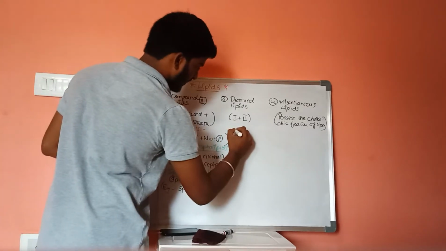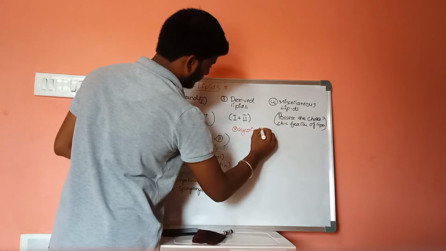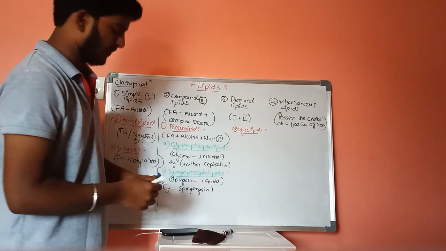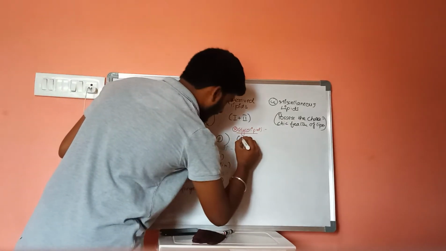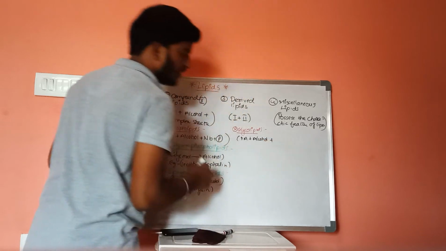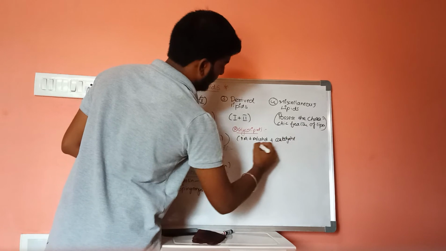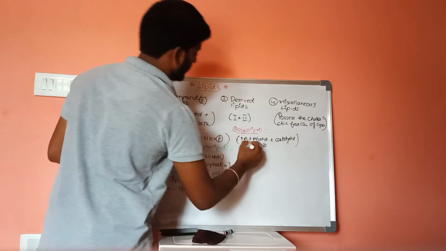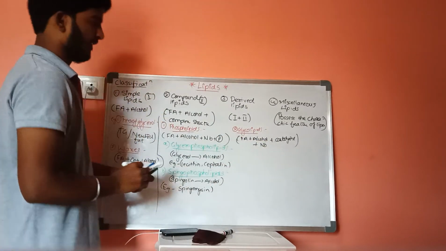Second example is glycolipids. These glycolipids are composed of fatty acids plus alcohol plus carbohydrate plus nitrogen base.